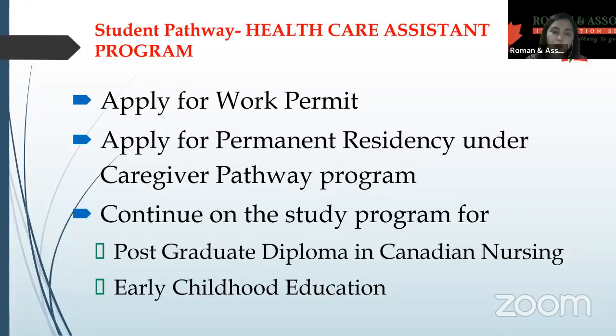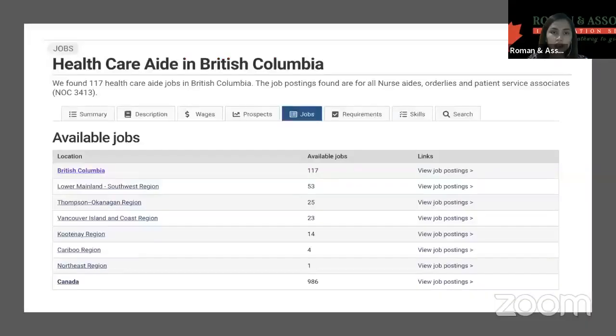Second, after 2 years of working, you are eligible to apply for a permanent residency visa. Or you may continue your study by taking the postgraduate diploma in Canadian nursing, or on the other hand, early childhood education.